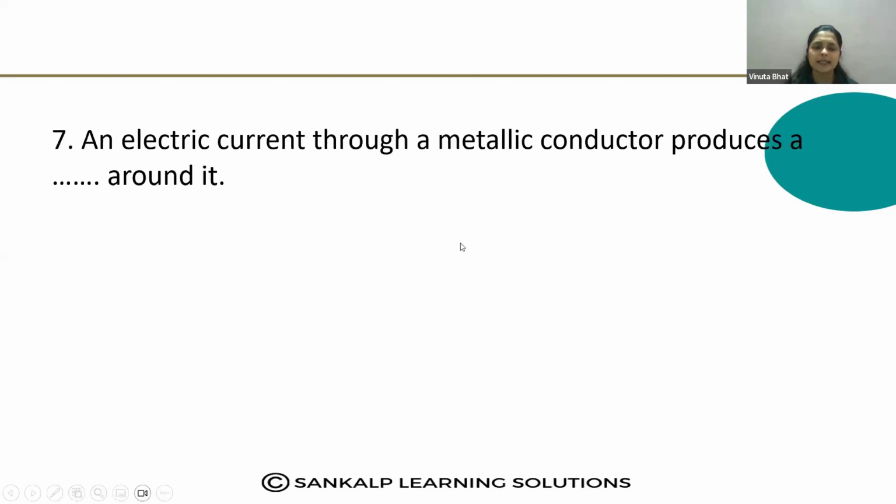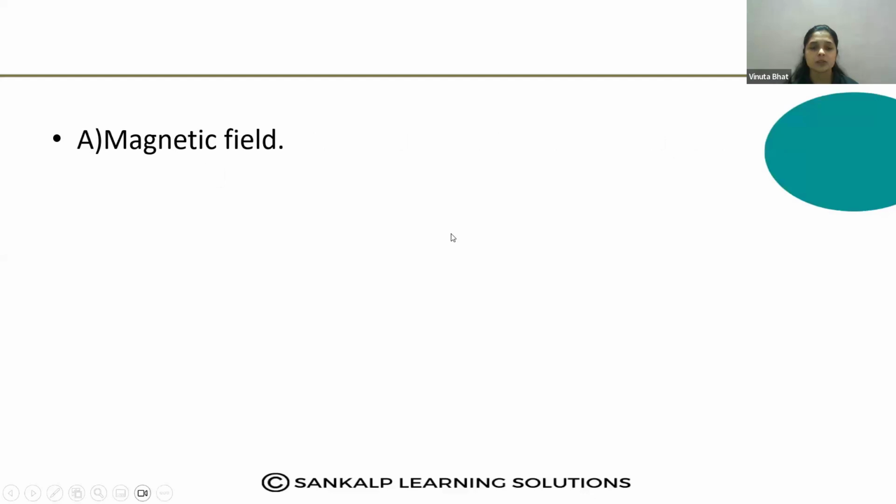Next question. An electric current through a metallic conductor produces dash around it. Electric current produces a magnetic field.